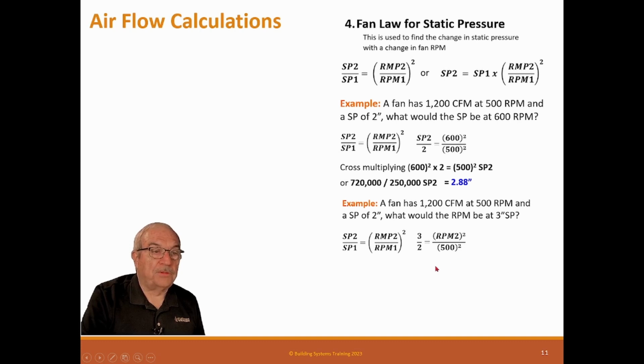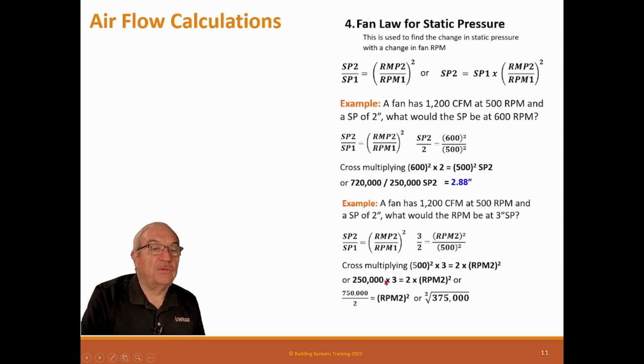Then cross multiplying, we get 500 squared, which is 250,000, times 3 equals 2 times RPM2 squared. Here, to find this, we take 750,000 divided by 2 equals RPM squared.